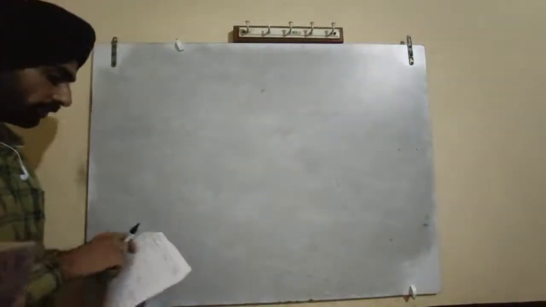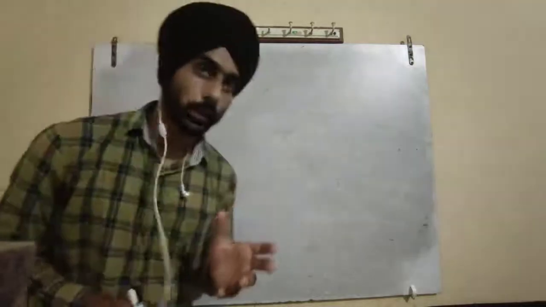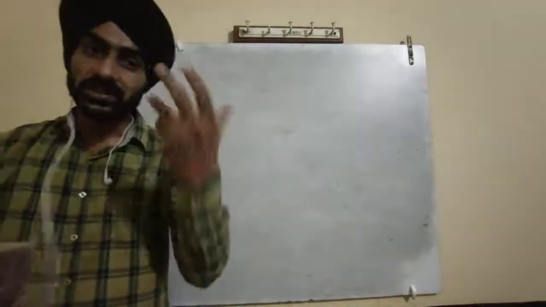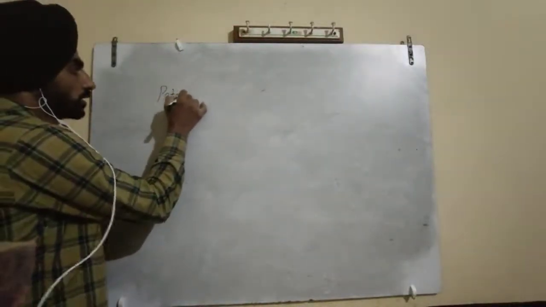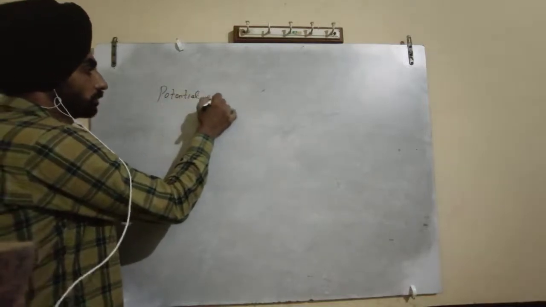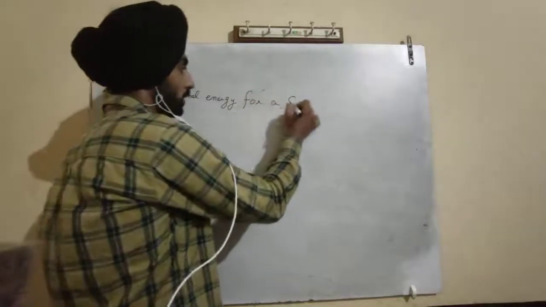So the next topic is, we have calculated the potential energy of a system of 2-point charges. We can also calculate the potential energy for a system of 3-point charges.